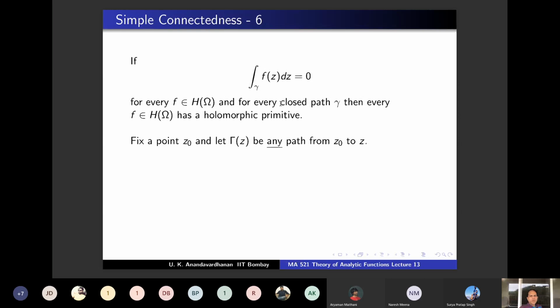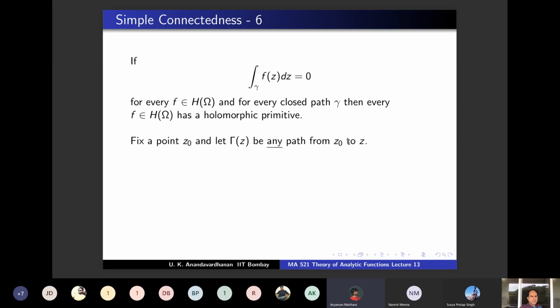What is the proof? The proof is something that you have seen long back in calculus, and we have done it in this course also. It is a standard argument: fix a point z0 and take any path connecting z0 to z. Why do you have a path connecting z0 to z in omega?